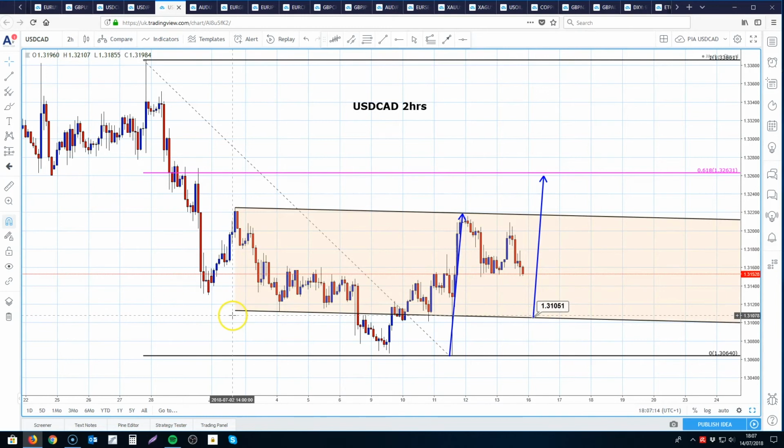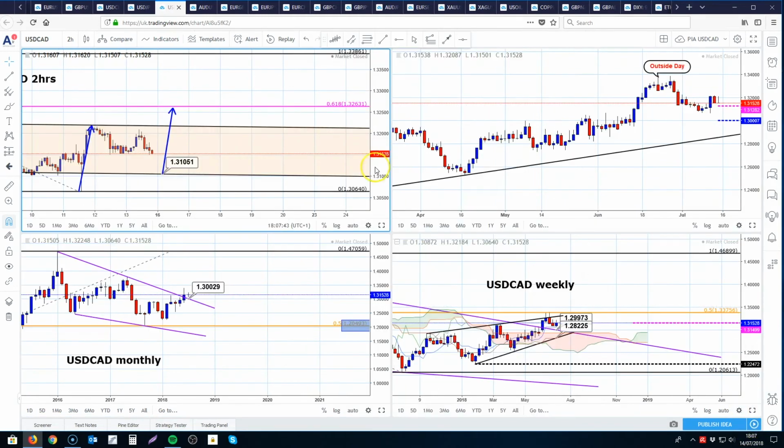What I do like about this time frame is the fact that the channel support, if we do take an ABCD corrective formation from it, comes up to 132.60, which is also very close to the 61.8% pullback level of 132.63. So going into next week, we are looking at buying into dips for a higher correction before bears return in dollar CAD.